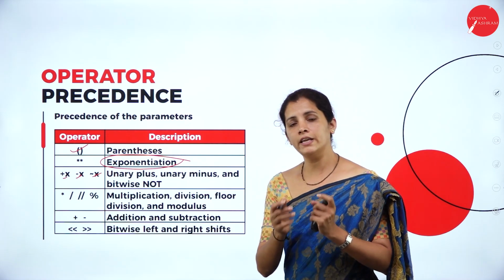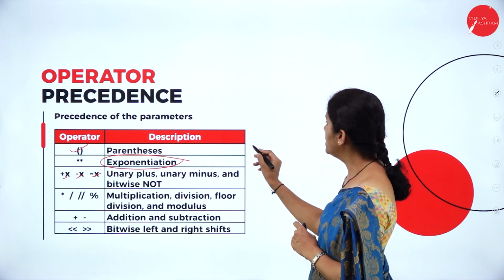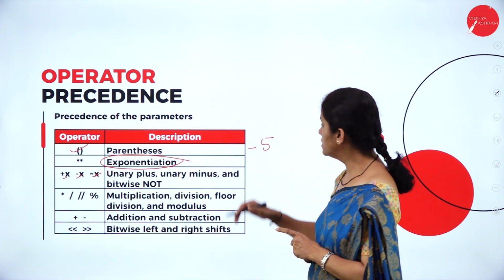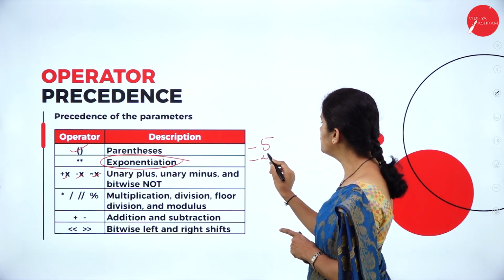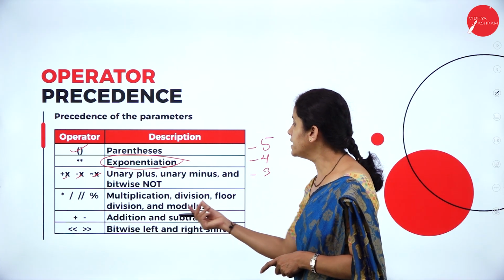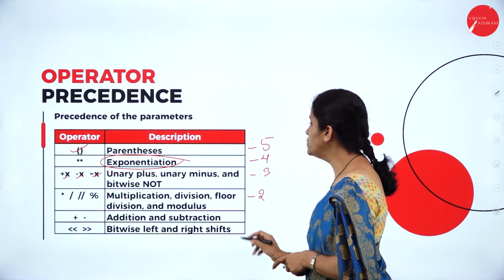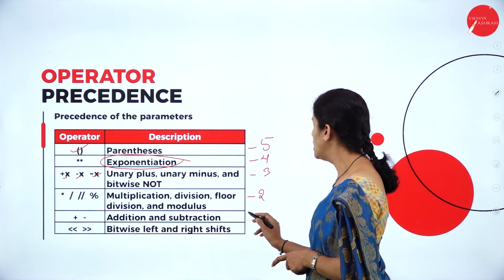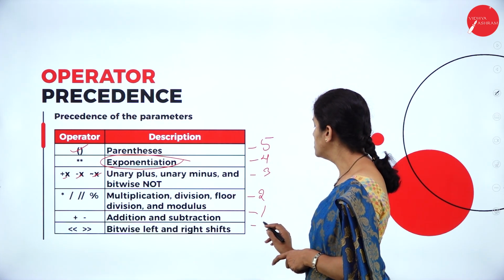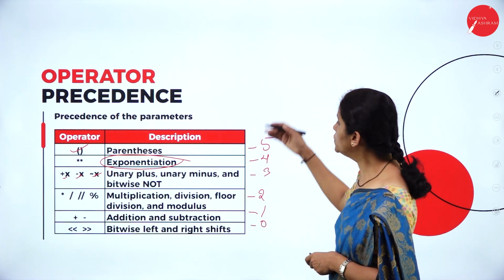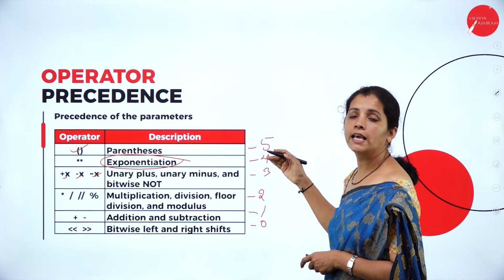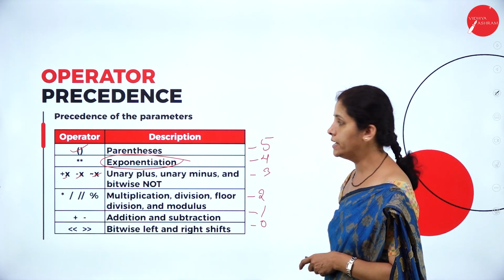For example, if I give a weightage of 5 to parentheses, the next weightage is 4, then 3. Then multiplication I'll give precedence 2, plus and minus I'll give 1, and bitwise operators I'll give 0. According to this weightage, the expressions are evaluated.